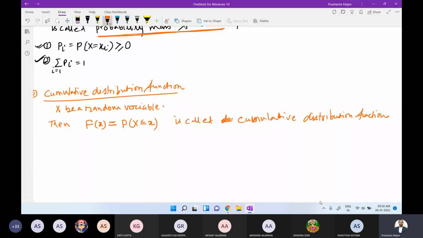Cumulative means you are collecting. So what is the sum of the probabilities up to the point small x? This is called the cumulative distribution function. So can you tell me what will be F of minus infinity, or the limit, x observation? These are the observations.